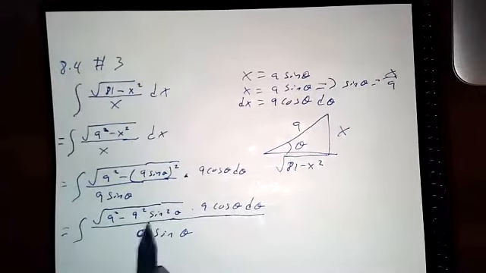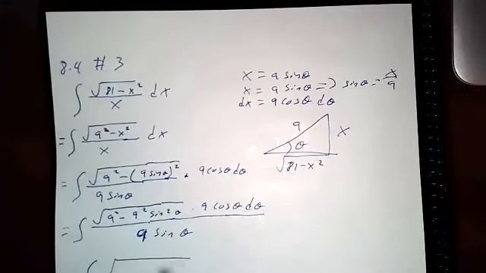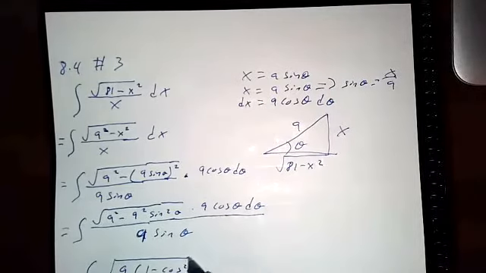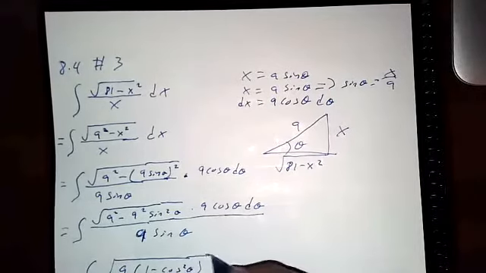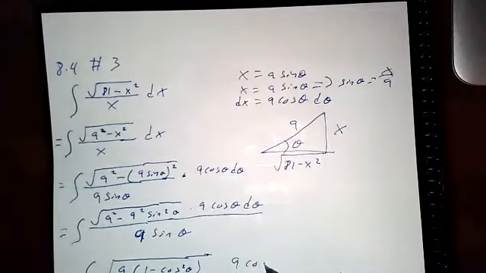So factor out a 9, you'll end up with the square root of 9 times 1 minus cosine squared, which is what we want to see because that will be replaced with a sine squared, right?